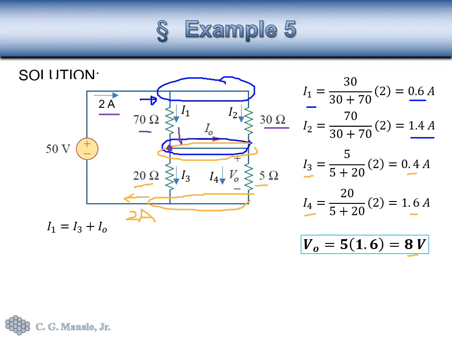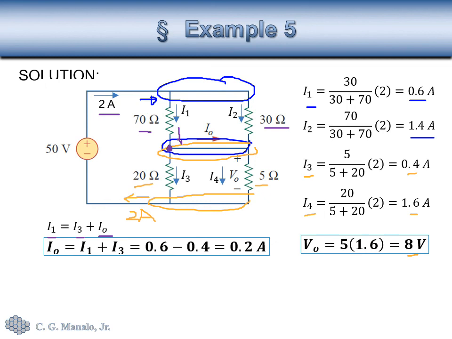And if that is not true, then charges would accumulate on this point, and that would not be a good thing. So we can say therefore that I sub 1 must equal to the sum of I sub 3 and I sub naught. And from this equation, we can determine I sub naught, and that will give us 0.2 amperes.